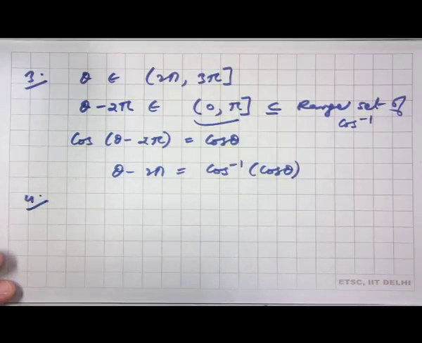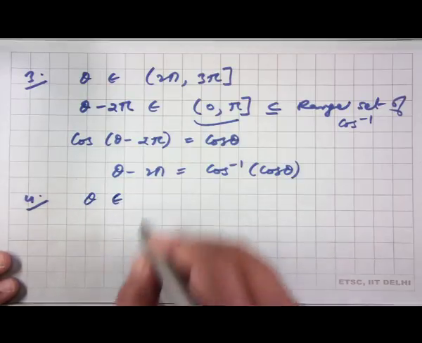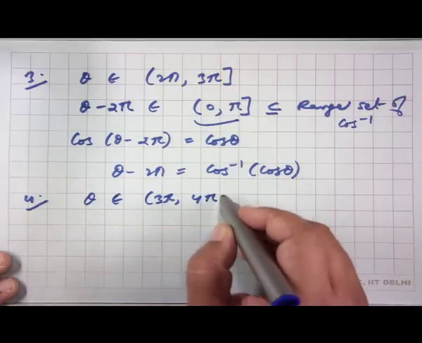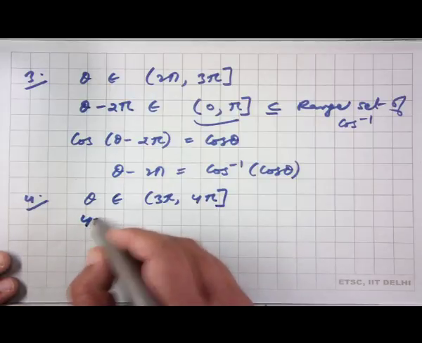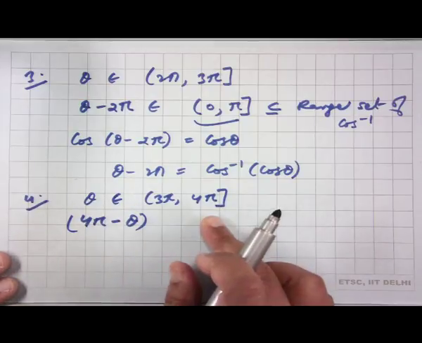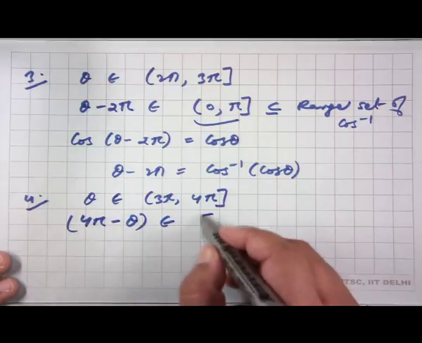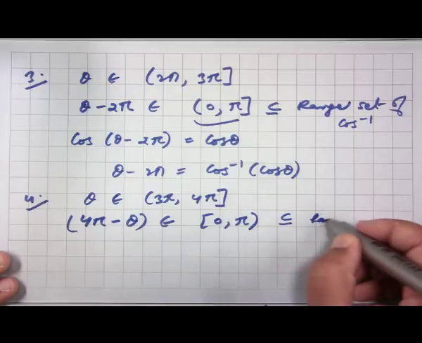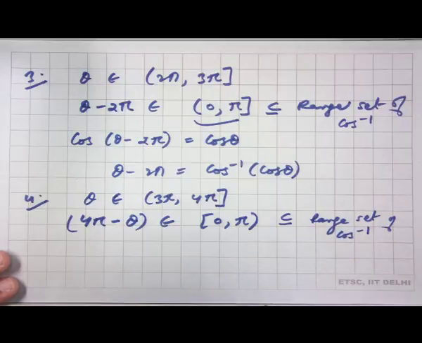The same thing is true for the last scenario where theta belongs to 3 pi to 4 pi. In this case, if theta belongs to 3 pi to 4 pi, then 4 pi minus theta belongs to the interval 0 to pi, which is again a subset of the range set of cos inverse.